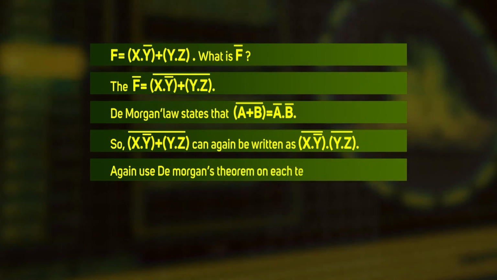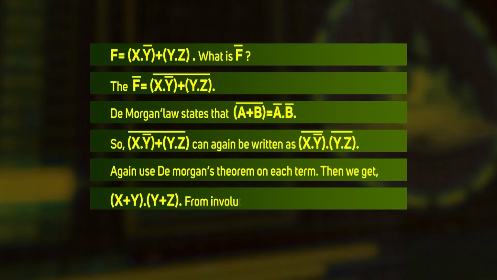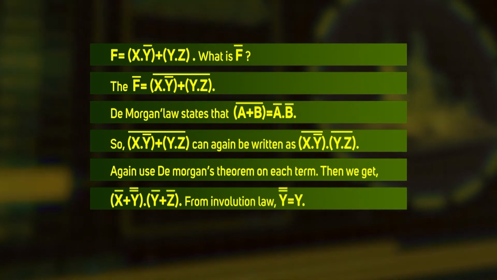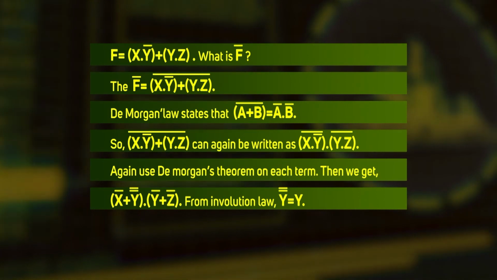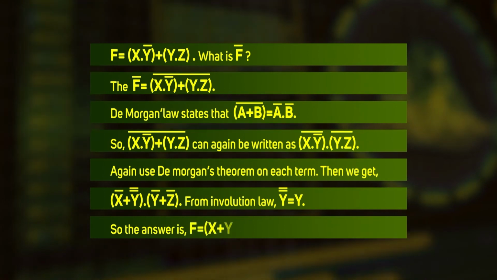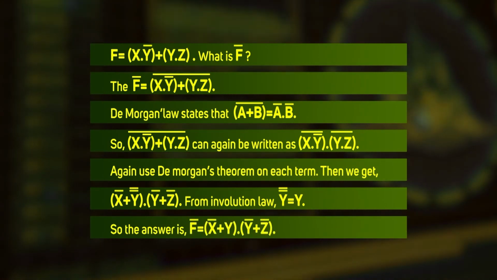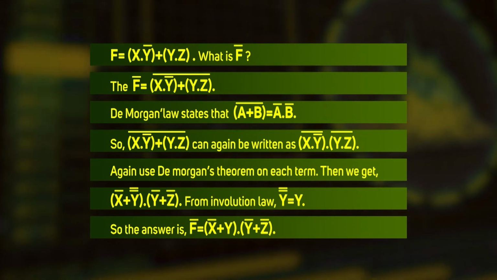Again, use De Morgan's theorem on each term separately, then we get (x complement plus y double complement) dot (y complement plus z complement). From involution law, we know that y double complement is equal to y. So, the answer is f complement equal to (x complement plus y) dot (y complement plus z complement).